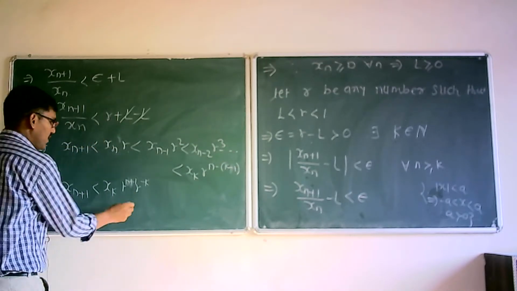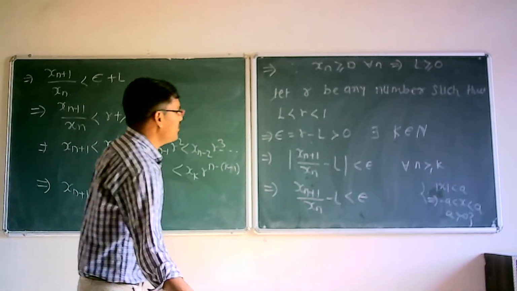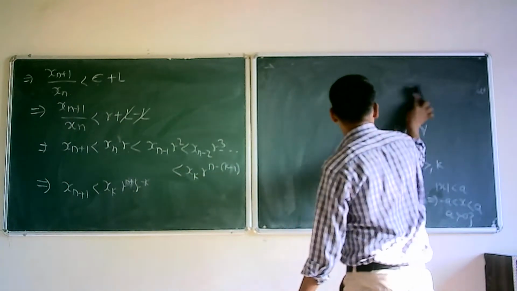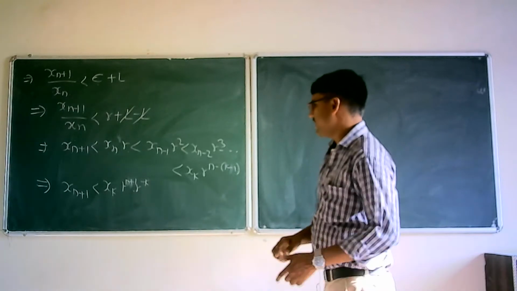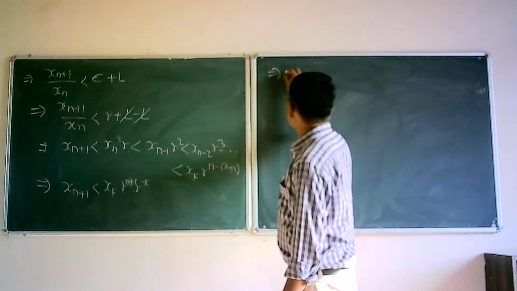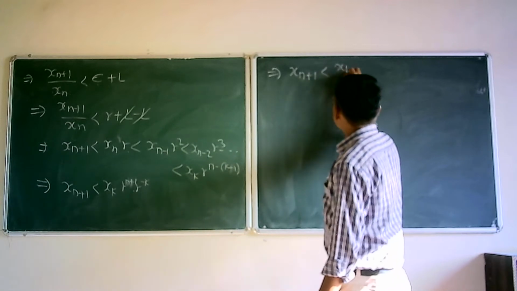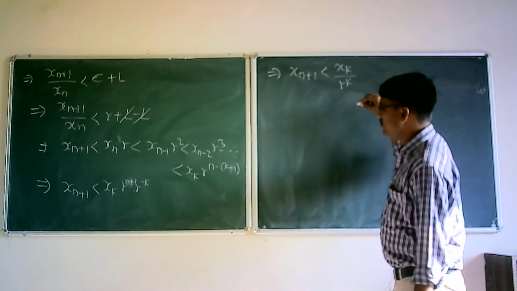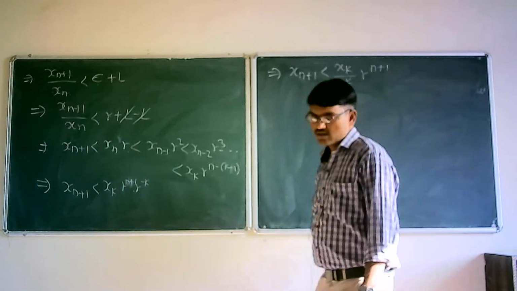N plus 1 into R raised to minus k. This R raised to minus k can be written as xn plus 1 is less than xk divided by R raised to k into R raised to n plus 1.